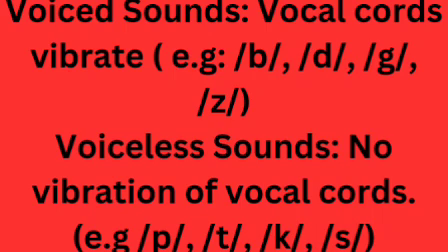We have k, k, as in kite, kingdom. We also have s, s, as in snake, sift, and so on. You should give your own examples of each of these categories of consonant sounds in order to get a hang of where each of them belong.